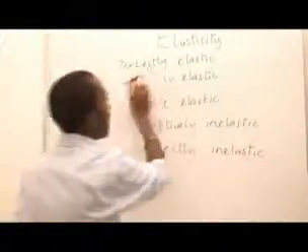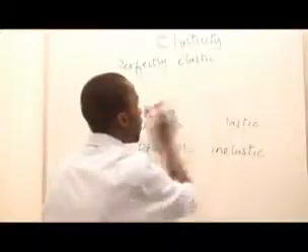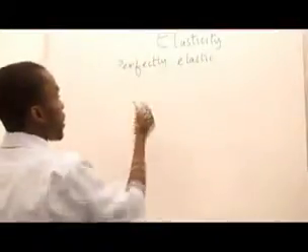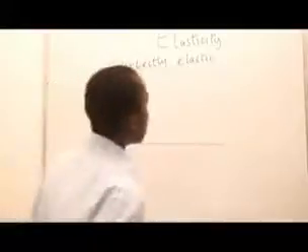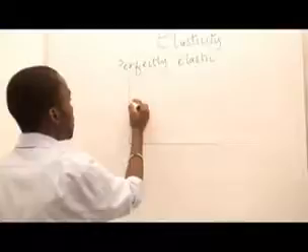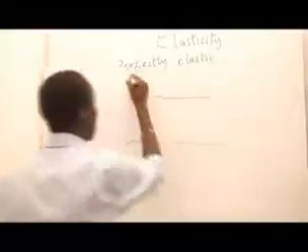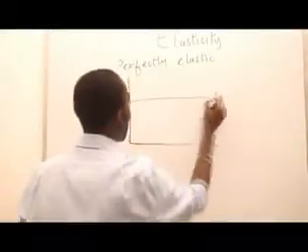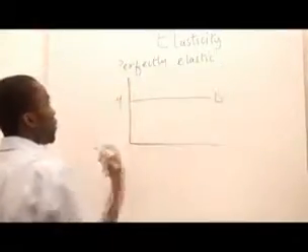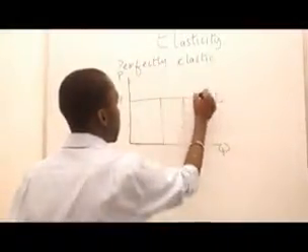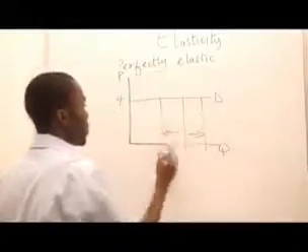So let's take the first one, perfectly elastic demand or perfectly elastic case. Here we are saying that the consumers are highly sensitive to price changes, and in this case you have a horizontal demand curve, so that you have price at say 4, and then quantity may be increasing or decreasing.